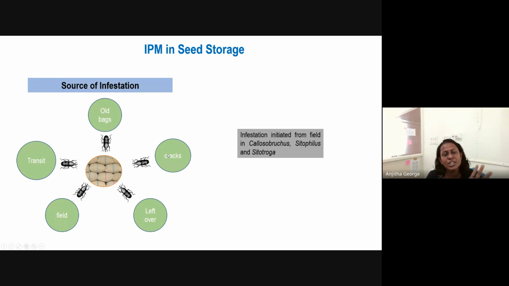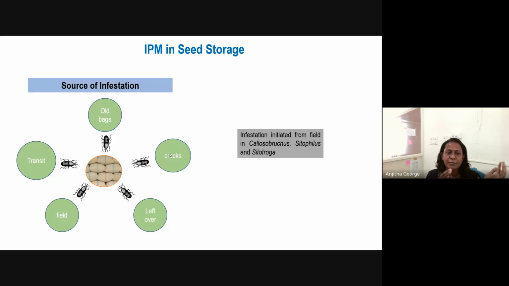I told you, mostly when you say storage pest, your thinking will always be confined to the storage godown or storage structure wherever the seeds are stored. But it is only partially correct, because in some cases the infestation will start from the field. For example, pulse beetle, rice weevil, then Angoumois grain moth. All these pests, the adults will start their egg-laying process when the seeds mature in the field.